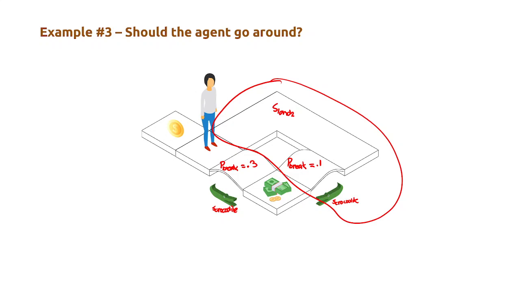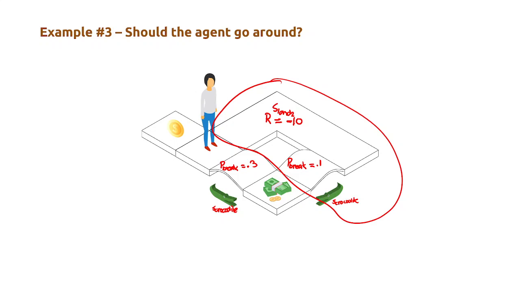So should our agent take the older bridge or walk away or go around and take the sturdier bridge? However, take note that the reward when the agent goes around is -10. So we're also going to take that into account.